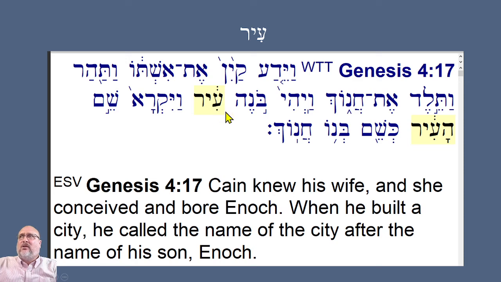He was building a city, and he called the name of the city. So we've got city and then the city. And notice you can't put a doubling dagesh in a guttural, so you lengthen the patach to a qamets. The city, according to the name of his son.